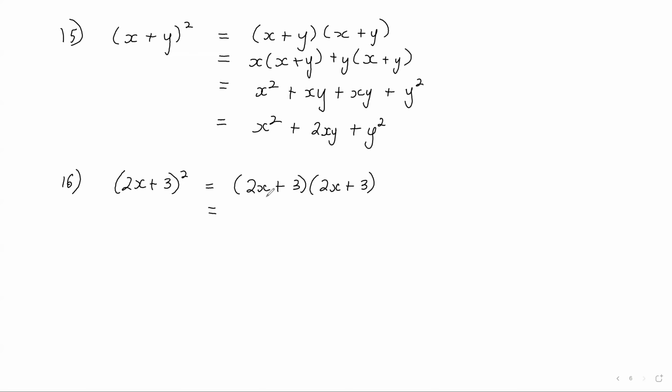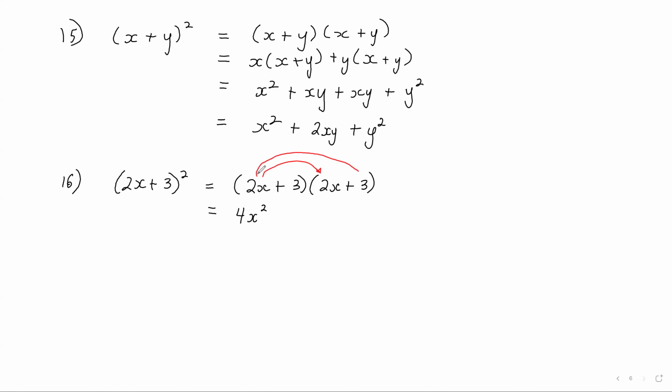So it'll be 4x squared. So 2x times 2x is 4x squared.